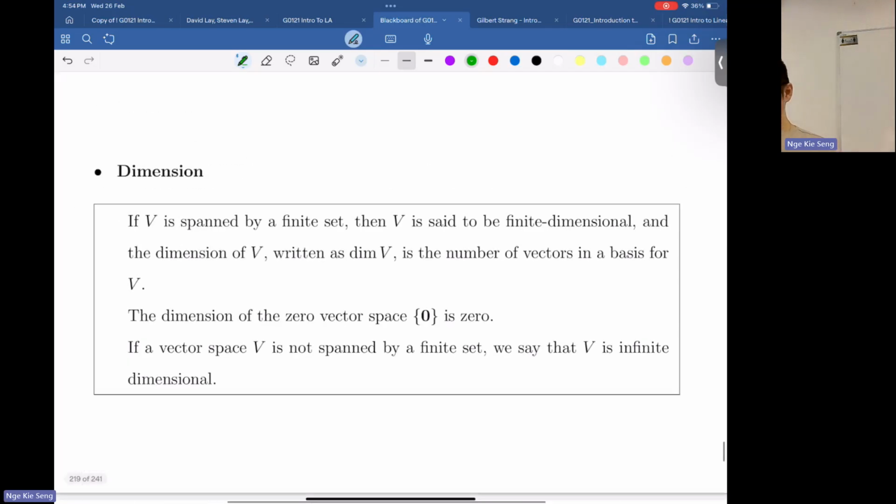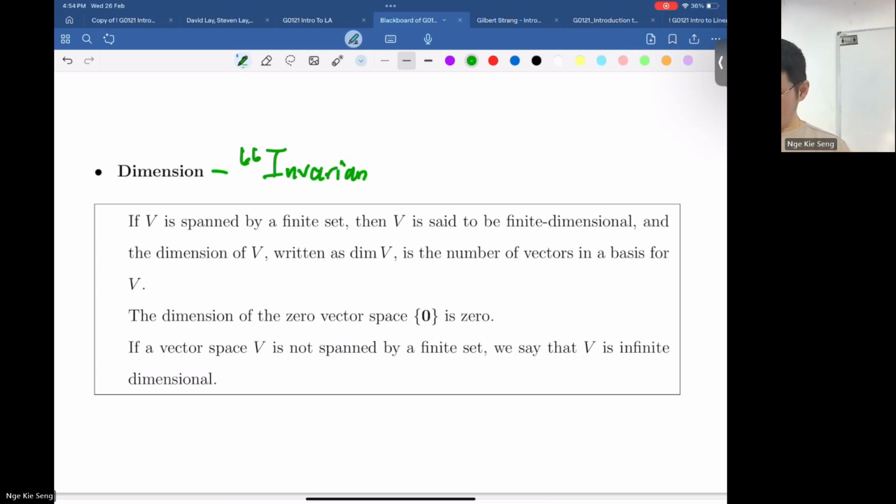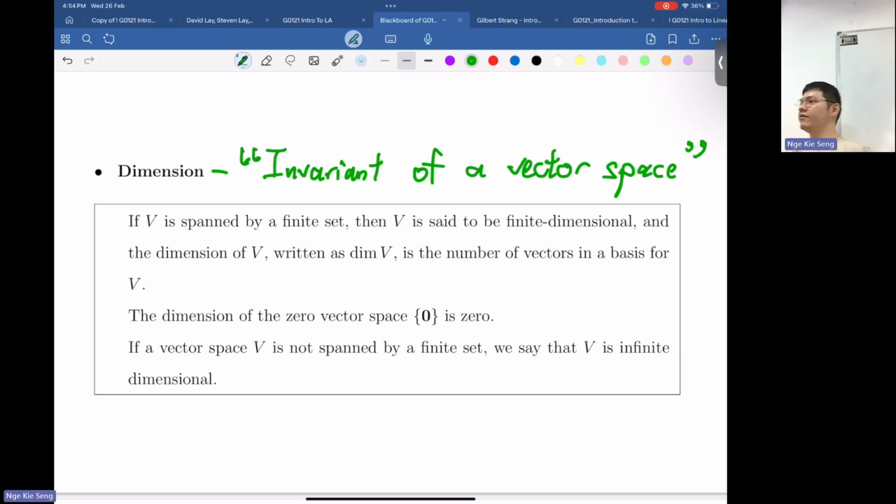So this number is very important. This is what we call an invariant of a vector space. Invariant means something that doesn't change. I give you a vector space, and this number won't change. It's specific to a vector space.